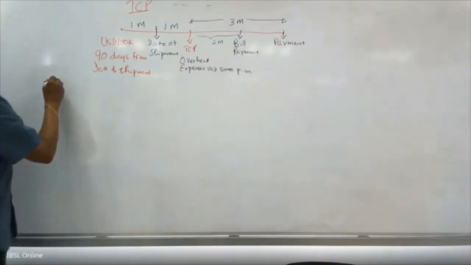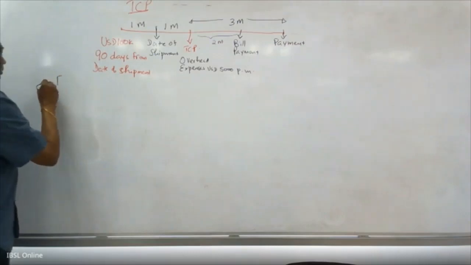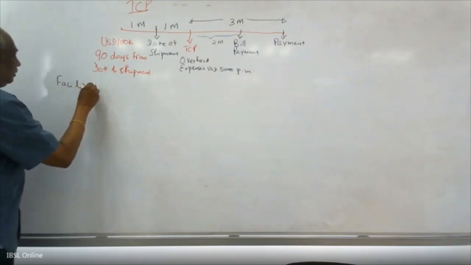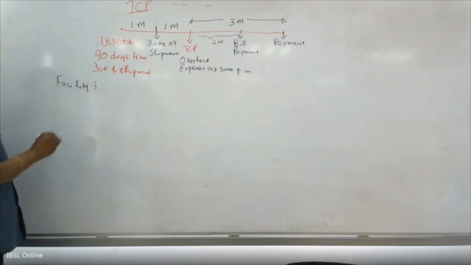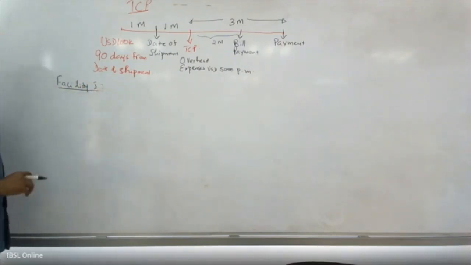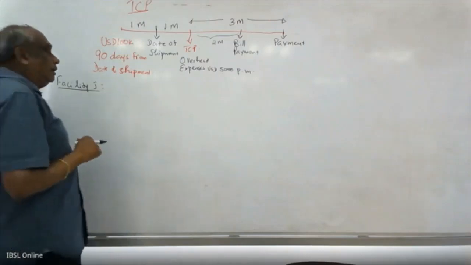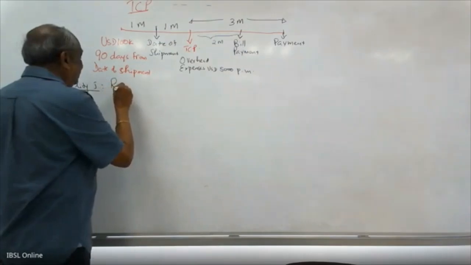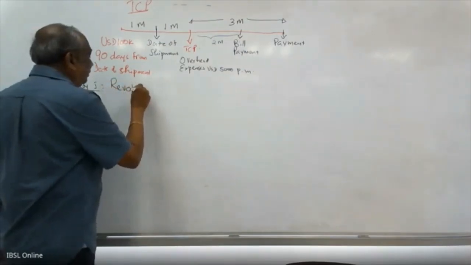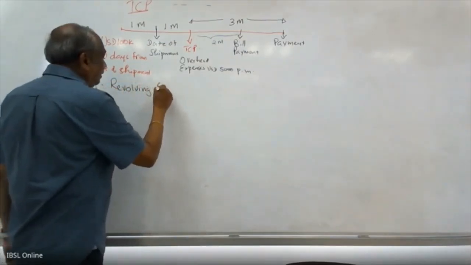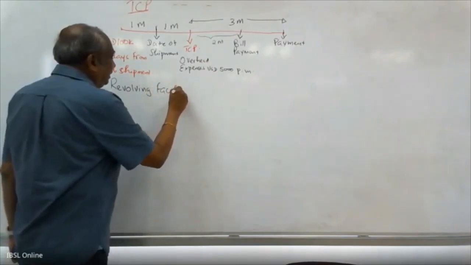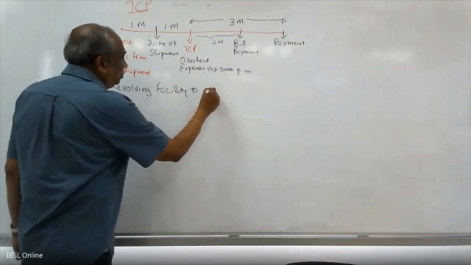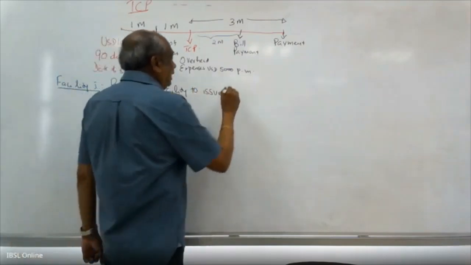Right. Facility 1. That is a revolving facility to issue LCs.